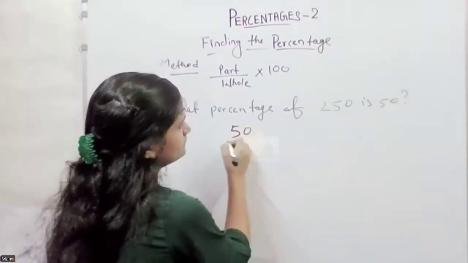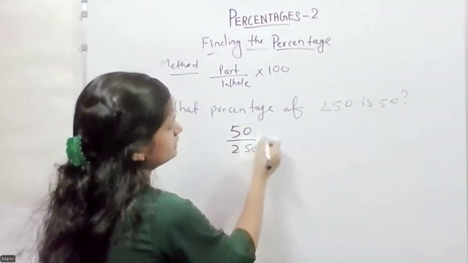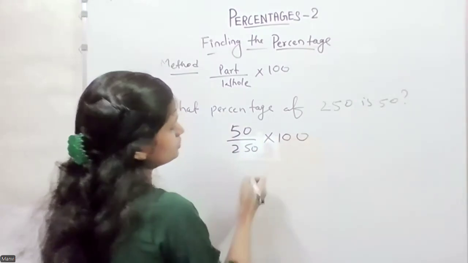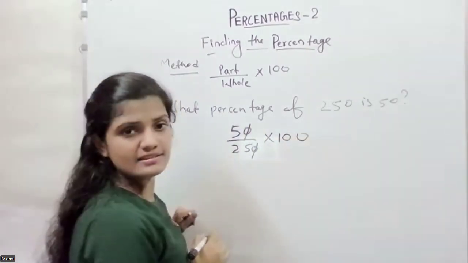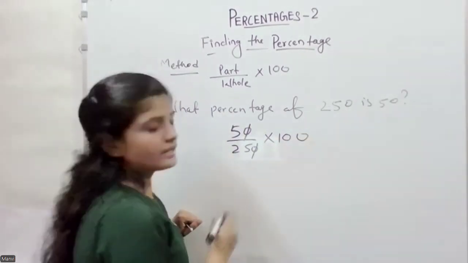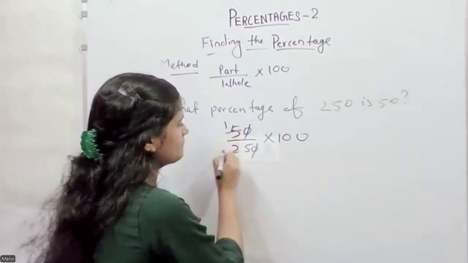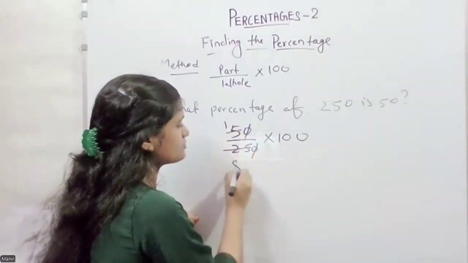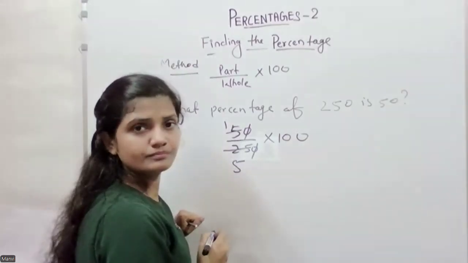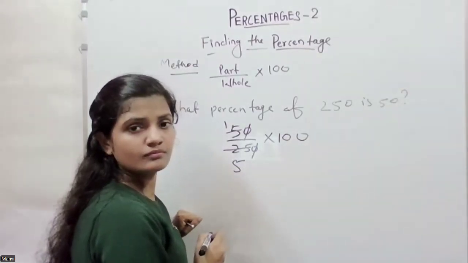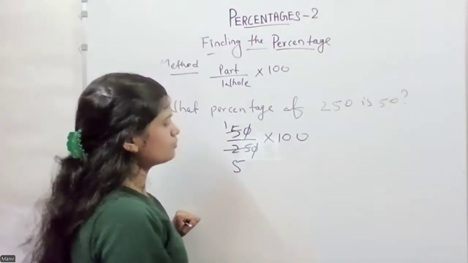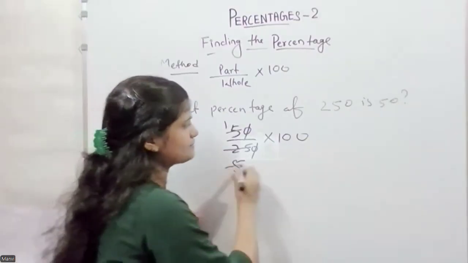Kavya, 50 with 250 times with 100. So this 0, that 0, you can easily cancel these two. 5 times 1 is 5 and 5 times 5 is 25. Oh, I didn't simplify it. Then also, how did you get the wrong answer? 5 times 2 is 10.